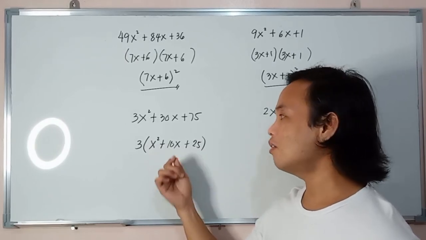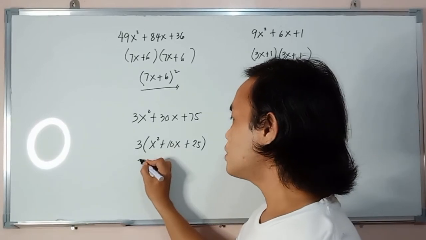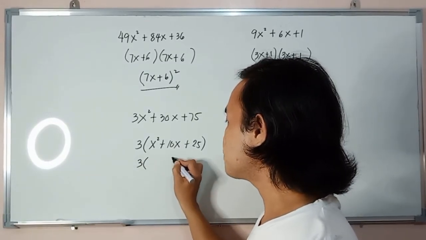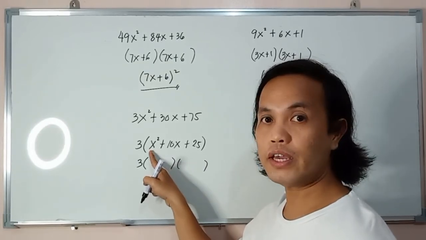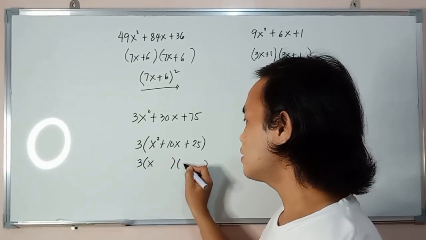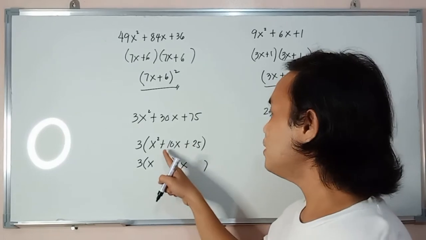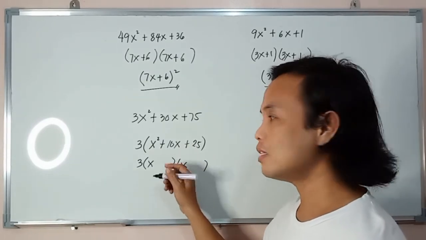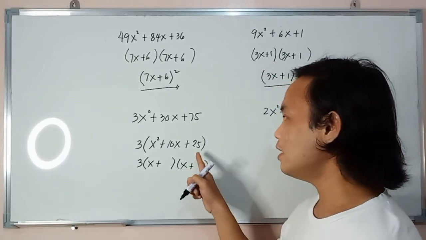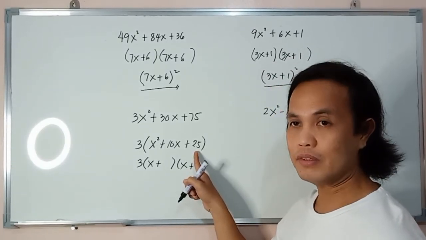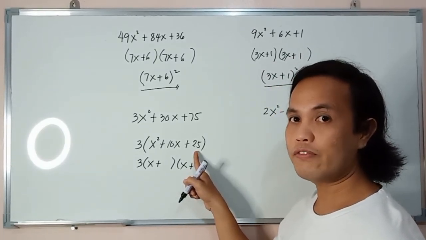So we factor this out. We have here the 3, which is the common monomial factor. We factor out this trinomial, we get the square root of x squared, which is x times x. And we copy the sign of the middle term, which is plus. So we have here plus and plus. And the square root of the last term, 25, is 5.